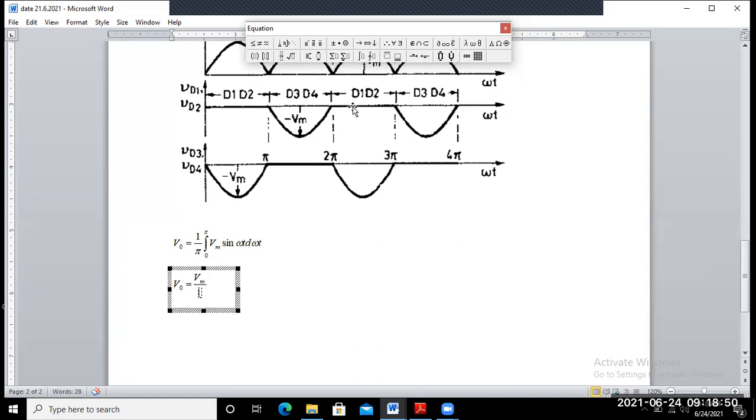Vm by pi, integration of sin omega t d omega t. So integration from 0 to pi.